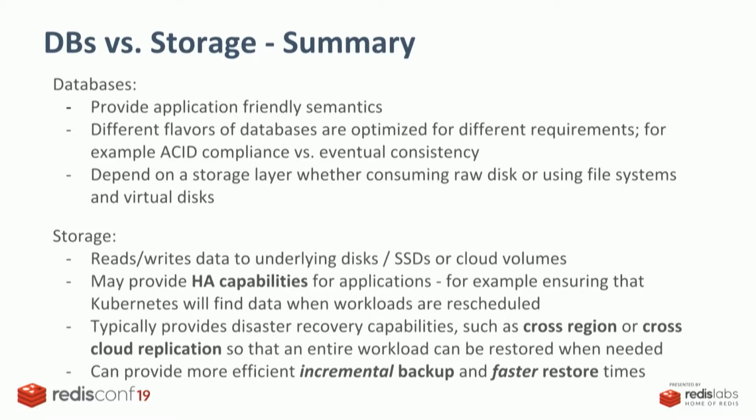And then a little bit of comparison: what you expect from a database versus storage. Databases provide application-friendly semantics. Different flavors of database are optimized for different requirements, and they heavily depend on the storage layer, whether consuming raw disk or using a file system on virtual disks. So when you create a database on top of your file system, you introduce another layer.